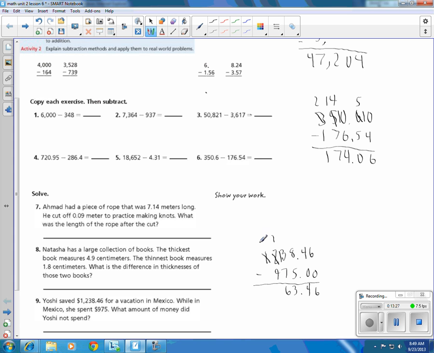We're going to have to borrow again. We have 11 minus 9. 2, and that is it. So Yoshi would have left over or not spent $263.46. So include our units there, which is dollars.